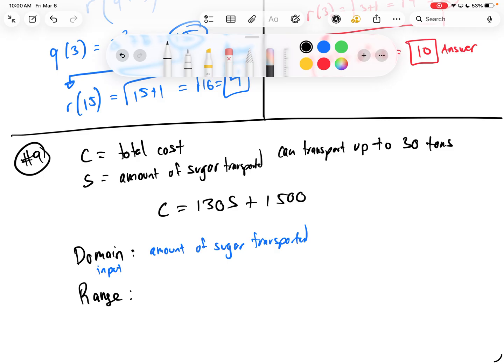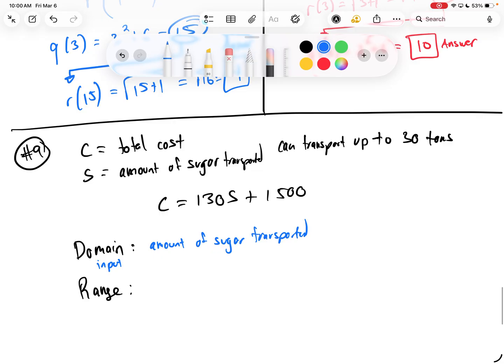I wrote down everything that you need right here. What's the maximum amount of sugar that I can transport? It says it can transport up to 30 tons, right? What's the minimum number that I could transport? 0, right? You can't go negative. You can't do a negative amount.